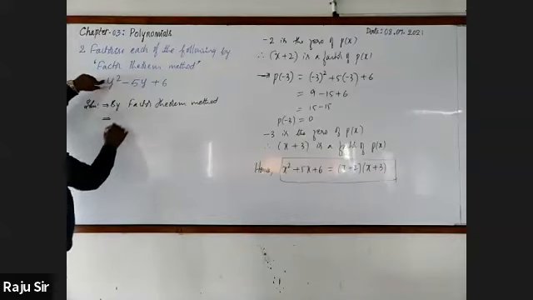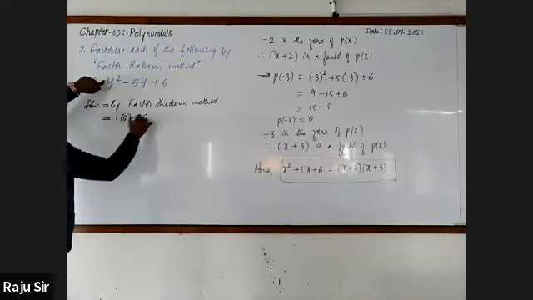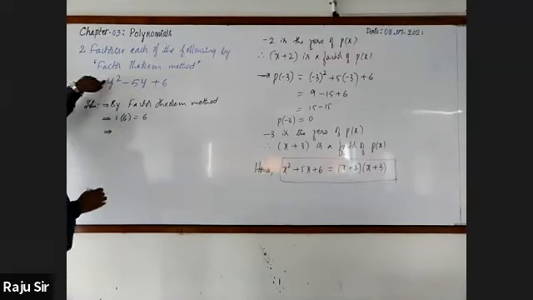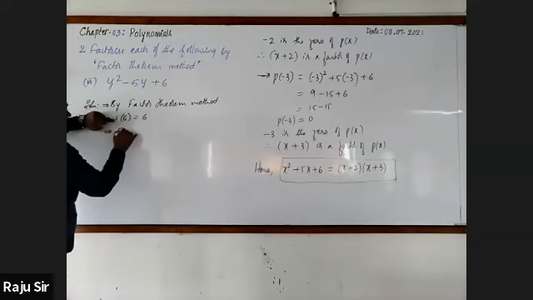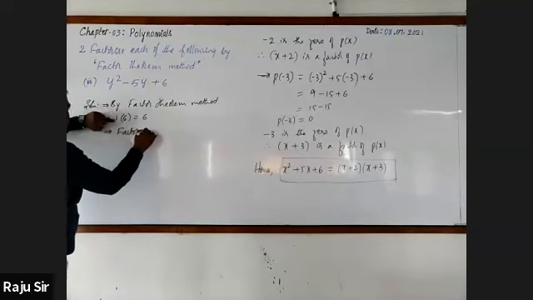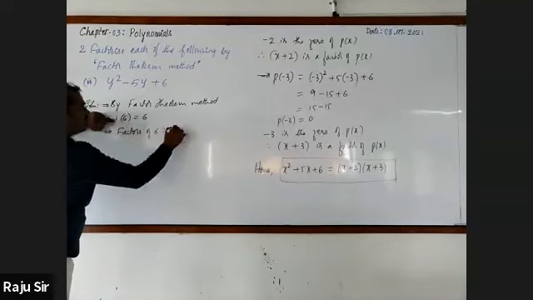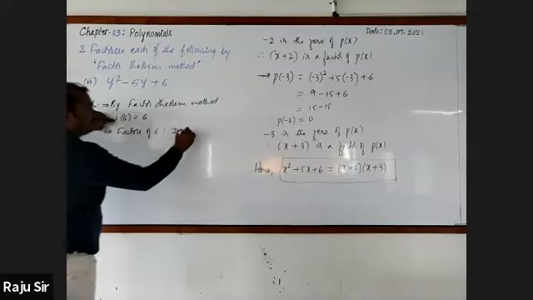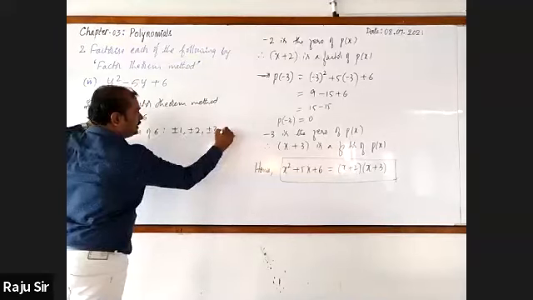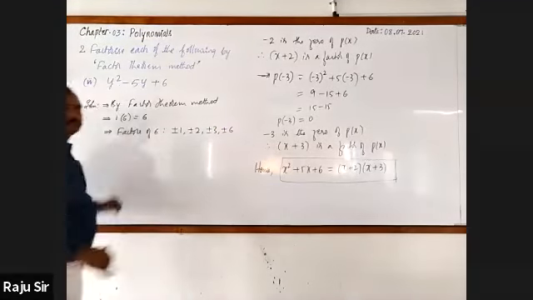Multiply first term and last term. It is 1 into 6, equal to 6. Then find out the factors of 6. They are plus or minus 1, plus or minus 2, plus or minus 3, plus or minus 6.